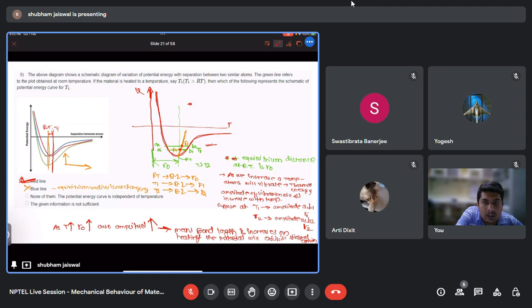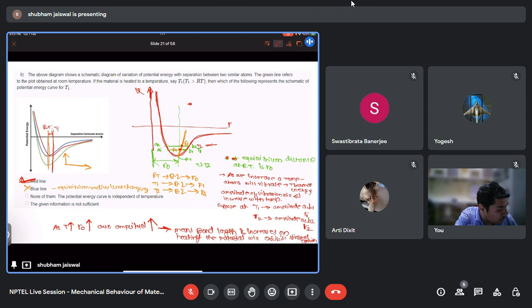Am I correct? As I am heating the material, it will expand. Suppose at temperature T1 it has some interatomic distance R1. If I heat it to temperature T2, it will have R2. So while heating, the atoms vibrate due to the thermal energy, and the bond length increases with the increase in temperature.